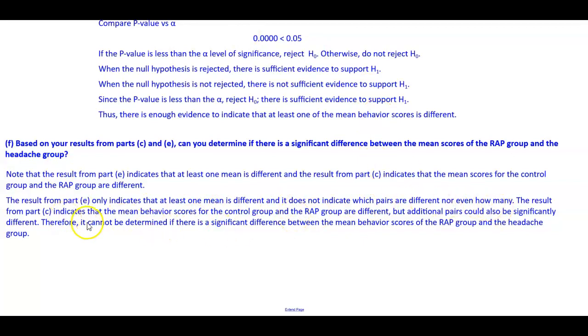The result from part C indicates the mean behavior scores for the control group and the RAP group are different, but additional pairs could also be significantly different. Therefore, it cannot be determined if there is a significant difference between the mean behavior scores of the RAP group and the headache group.